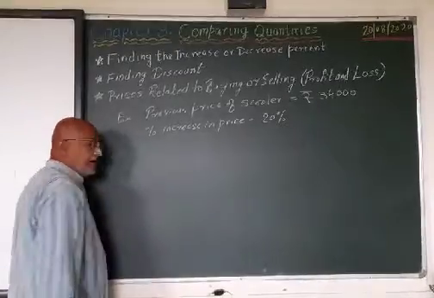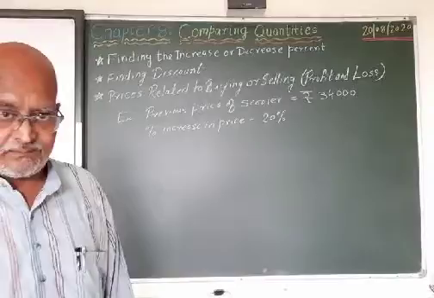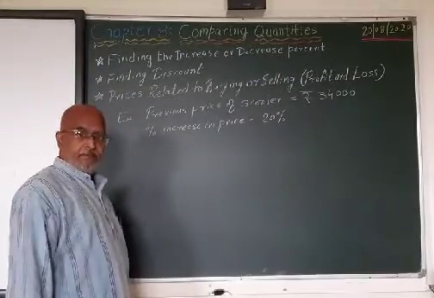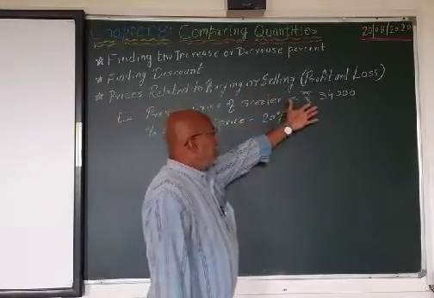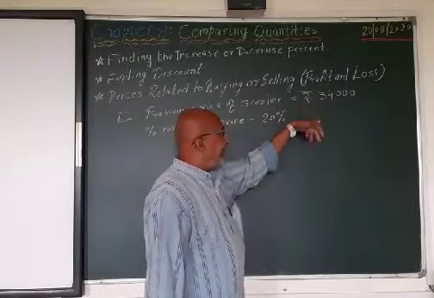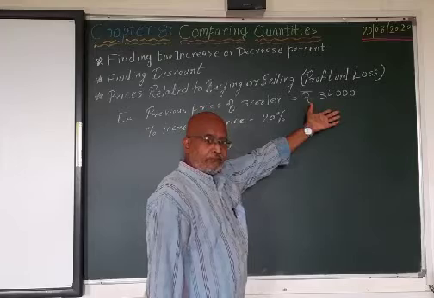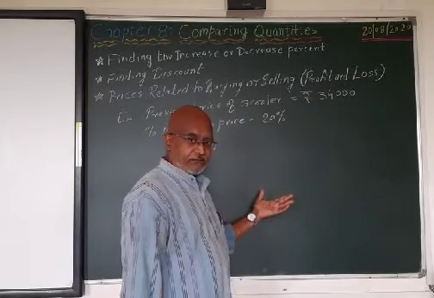Now to find the present price, there are two different methods. First, we'll take out the 20% of this amount and add the same amount so that we can get the present price.